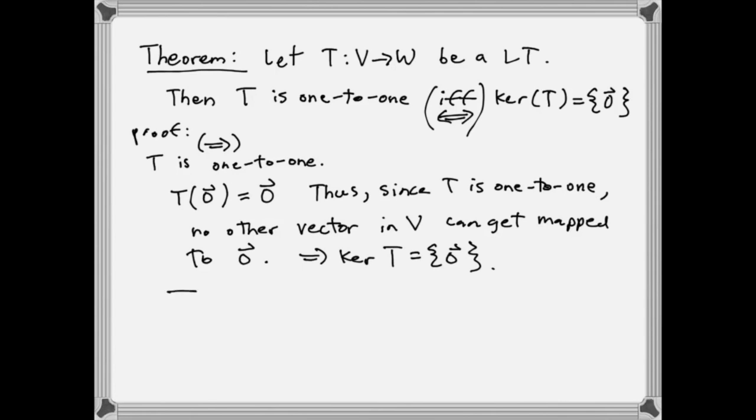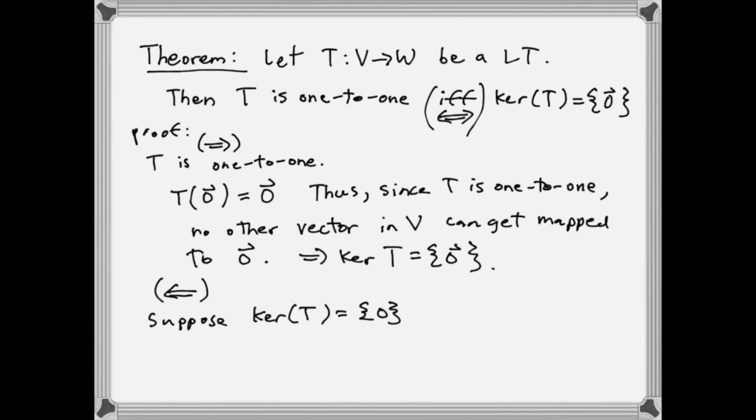Okay, so now let's prove the other direction. So we want to suppose now that the kernel, and this is the more useful direction, let's suppose that the kernel is 0. We want to show that it's one-to-one. How do we show that it's one-to-one?